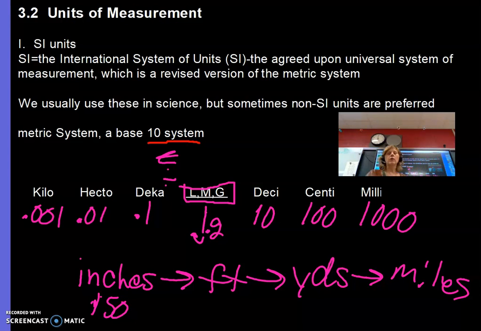A lot of you probably don't know how many yards are in a mile. So the English system is just a really confusing system. So in science and around the world, most people use the metric system for everything, most countries. We are one of the very few that still use an English system.